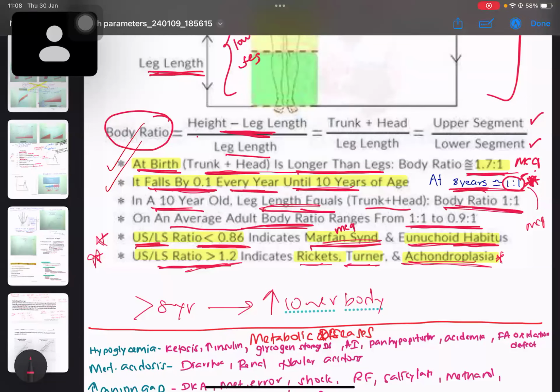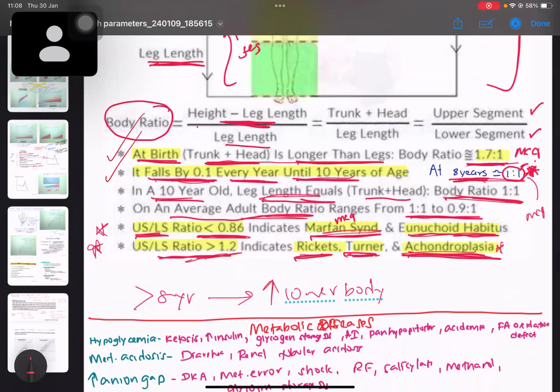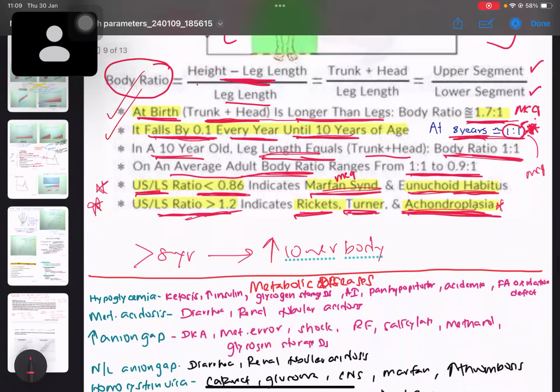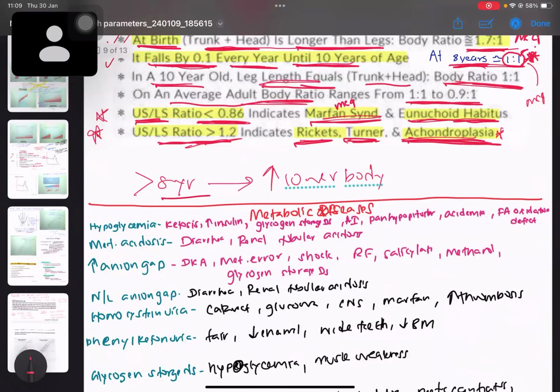It indicates rickets, Turner syndrome, achondroplasia-like illness. So for that, we should know the ratio and how to measure. These are MCQ points. After 8 to 10 years, the lower body grows. I previously told you, during puberty our trunk grows, and before puberty our legs grow.